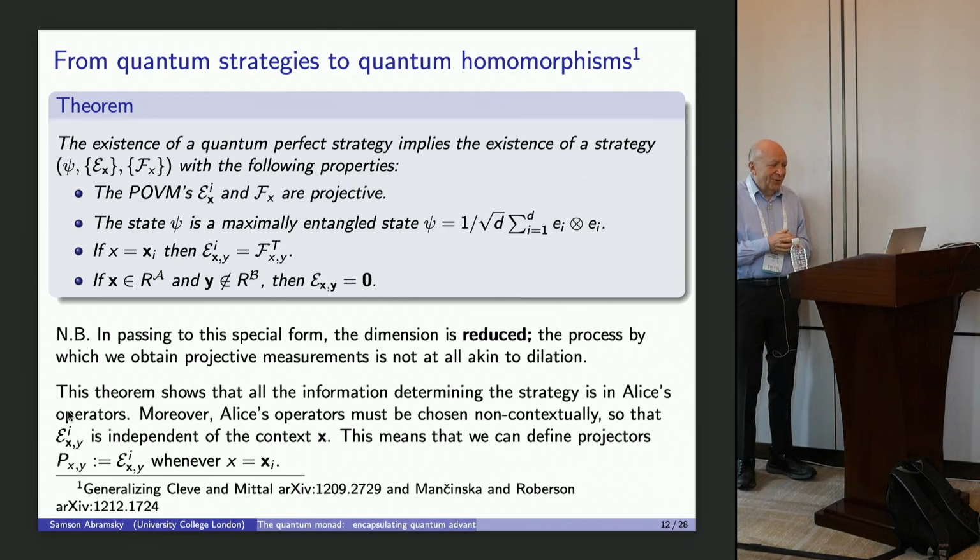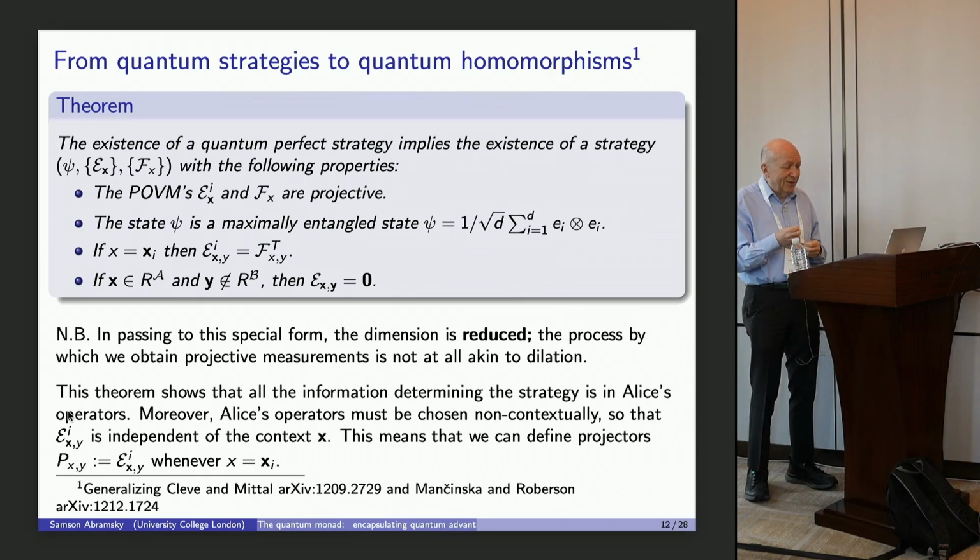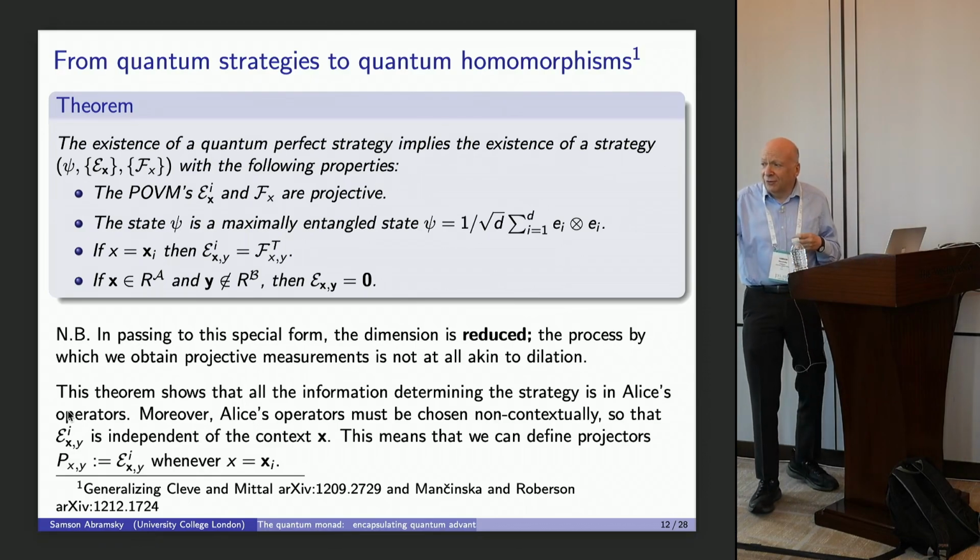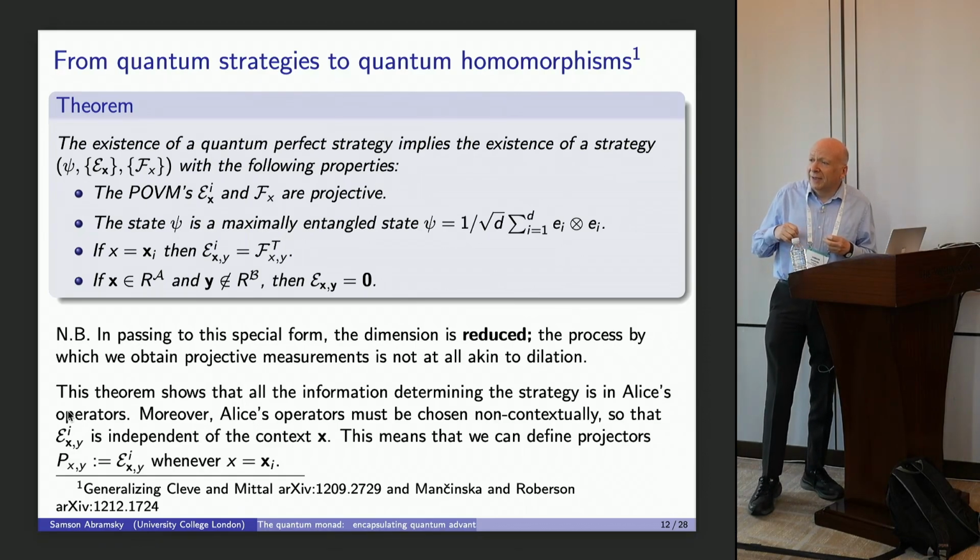But anyway, the interesting point, and I don't want to get into the technicalities, is that what this result shows is that all the information determining the strategy is in Alice's operators. Moreover, Alice's operators must be chosen non-contextually, so that the measurement chosen for input x is independent of the context.